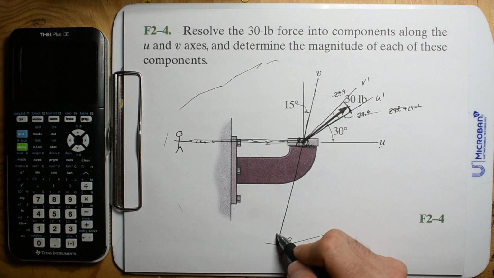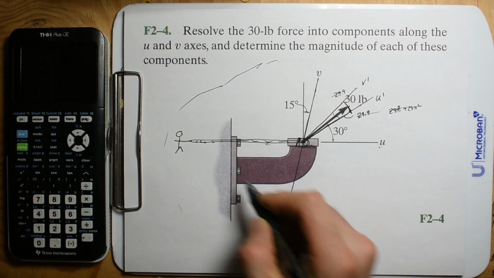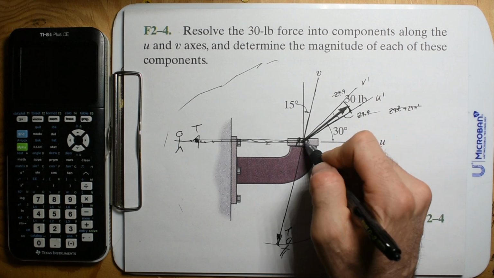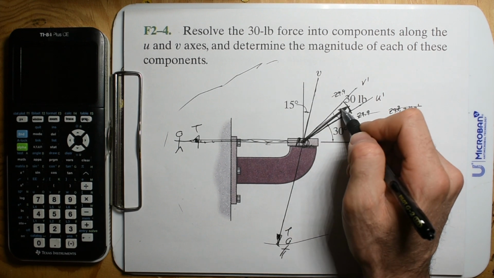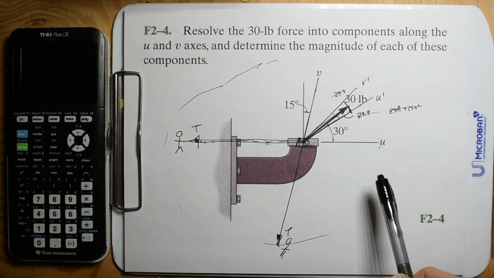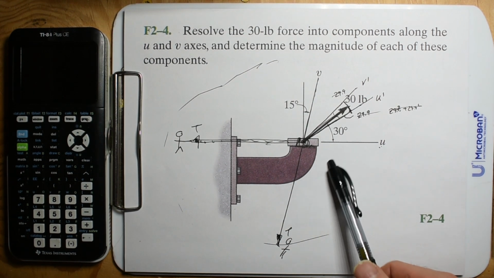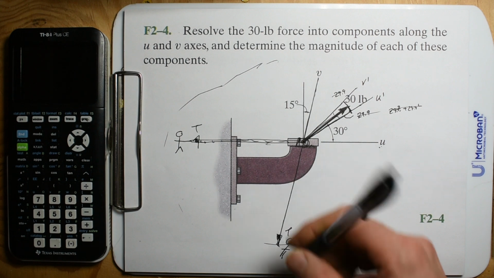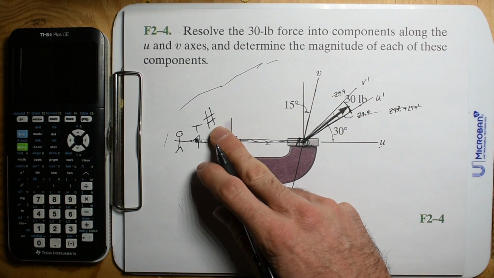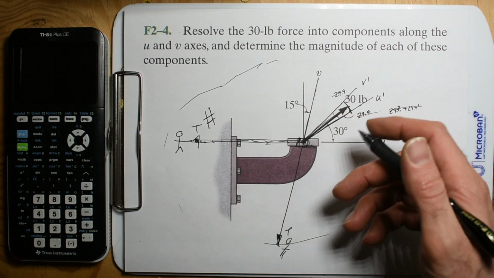This component's going to be this way. You're going to tug a tension that way, and it's going to support this 30. So that is what this problem represents. Your magnitude over here that you're pulling is a little bit indicative.